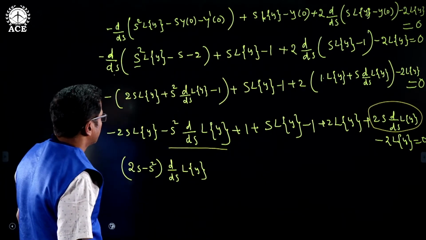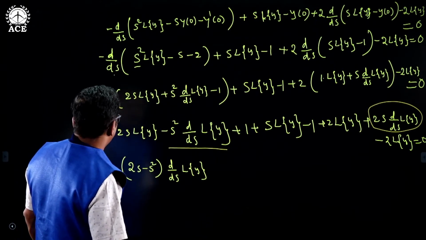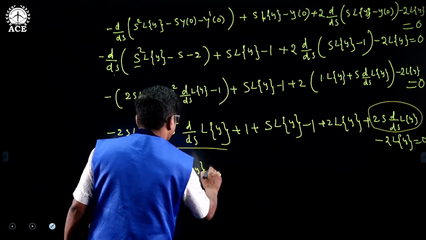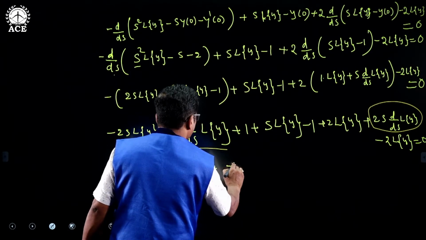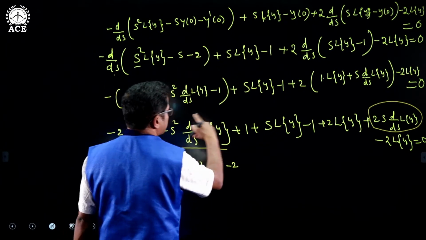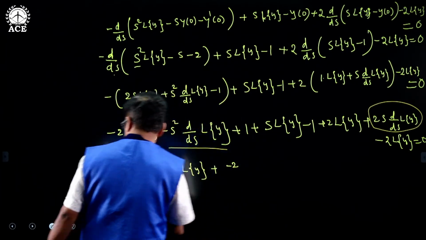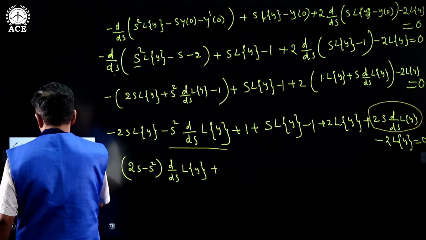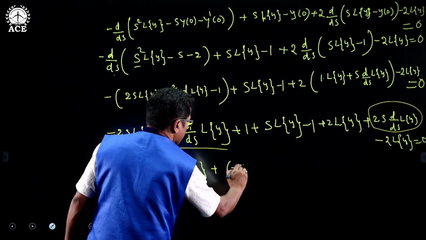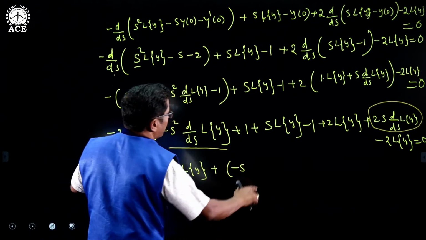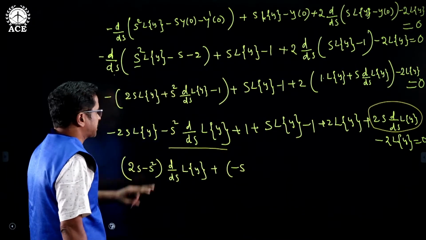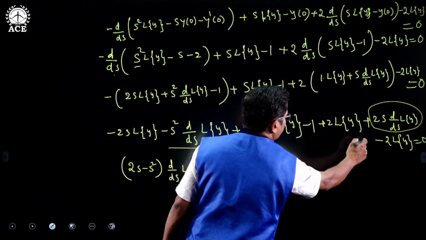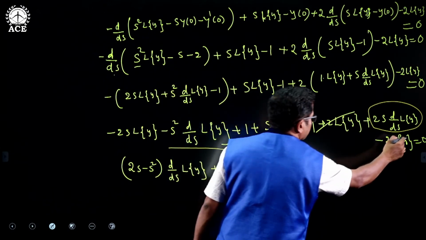I am writing. Okay. Next L of y terms. L of y terms means minus 2s, next plus minus 2s plus s minus s. Minus 2s L of y plus s L of y is going to be minus s L of y, minus s plus 2 L of y minus 2 L of y. These two get cancelled.